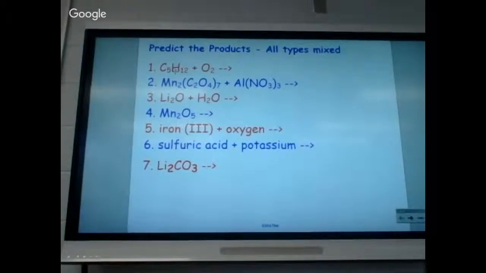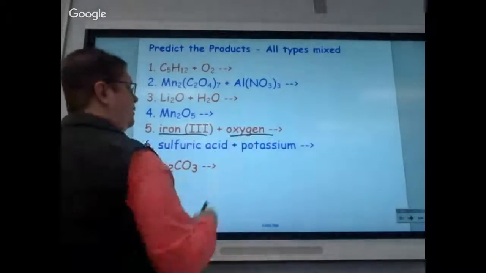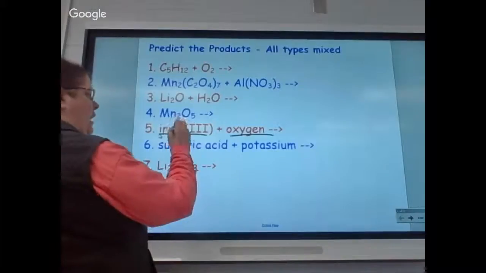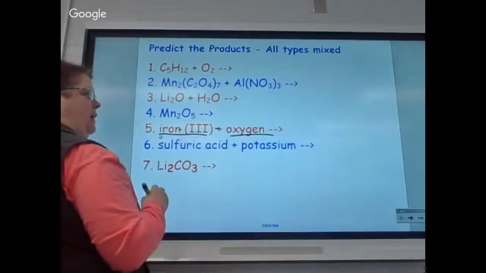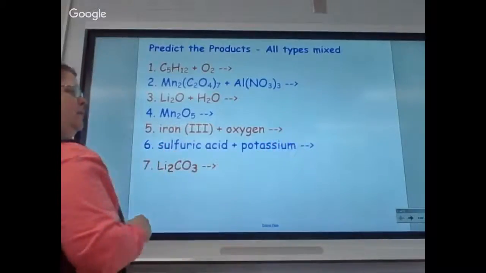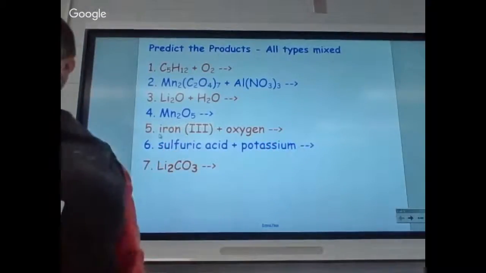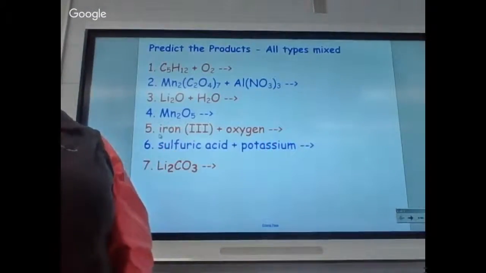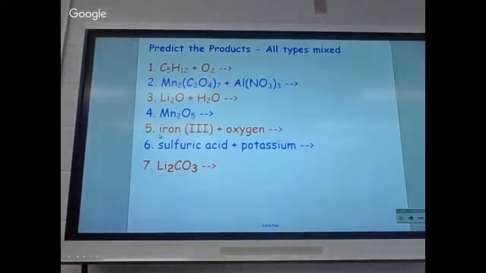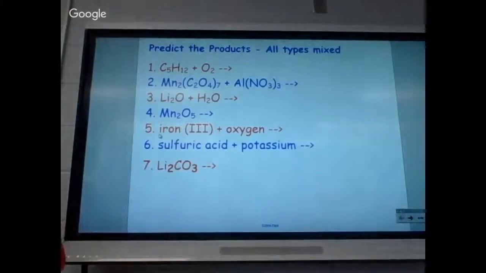All right, what's iron? That's an element. What's this? That's an element. So if you got an element plus an element, what would it have to be? Could you single displace if you have an element plus an element? No, that's an element plus a compound. So what would it have to be if it's just an element plus an element? A synthesis. All right. Sulfuric acid plus potassium.